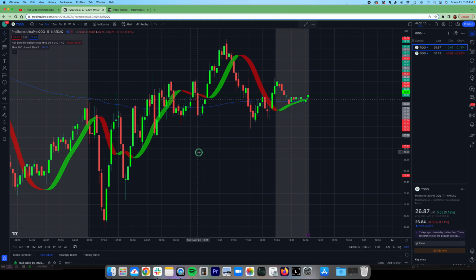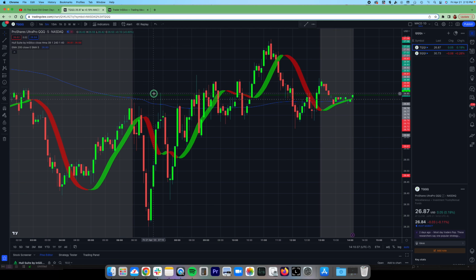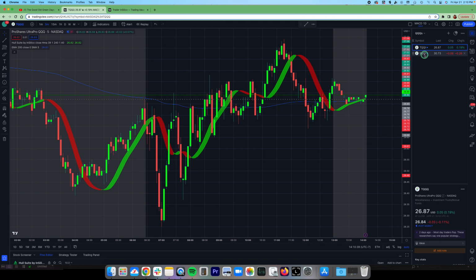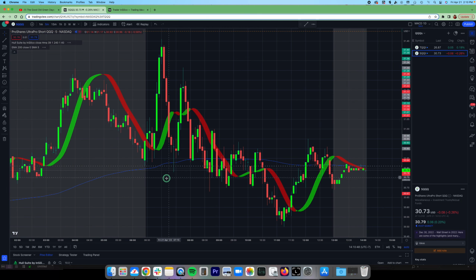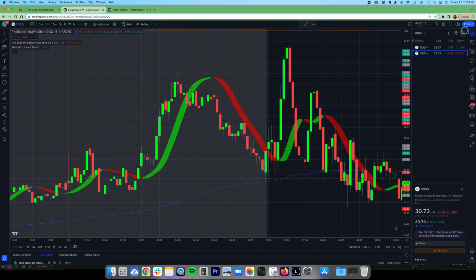And basically what the strategy is: you get in when it's above the 200-day EMA and the Hull just turned green. So today in the morning, let me go to my chart that I used.